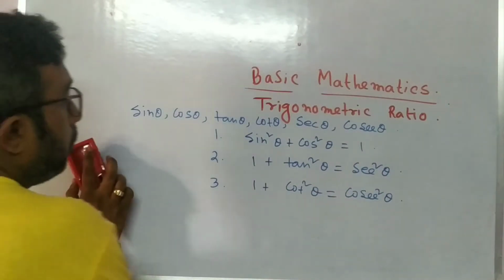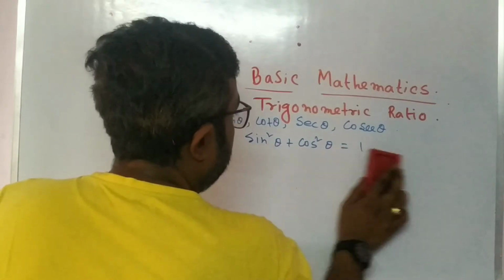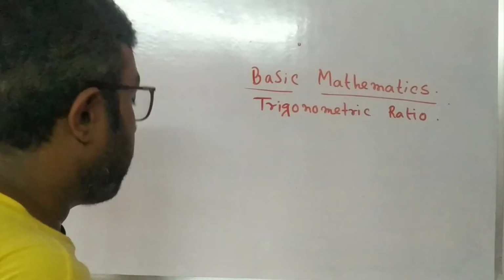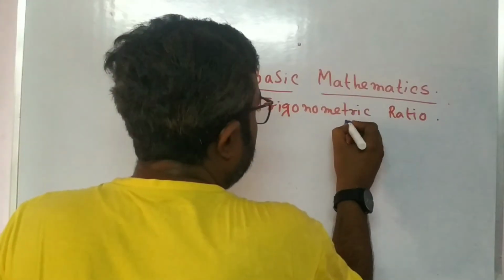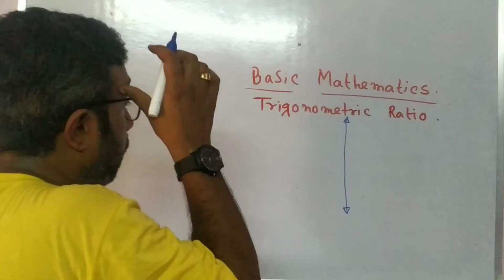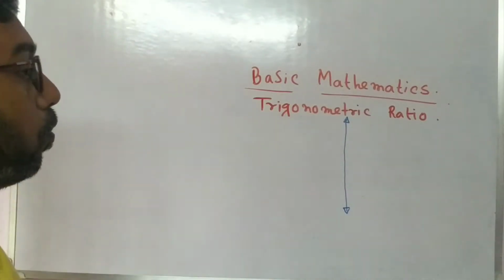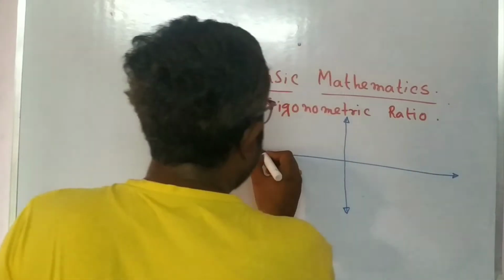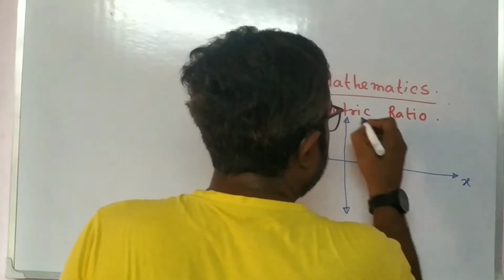Let's do another thing. What is the quadrant system? We need to know it very well. See, this vertical line shows the y-axis and this horizontal line shows the x-axis.